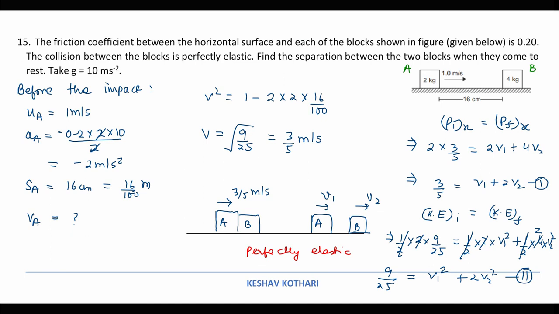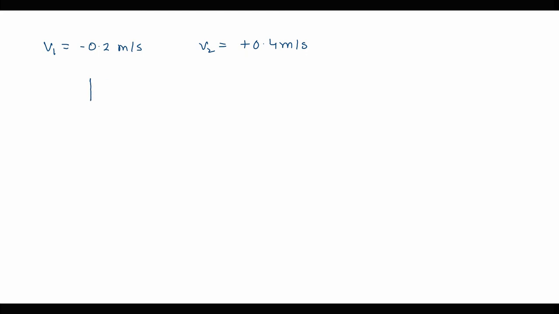The 2 kg block after collision is moving back with a speed of 0.2 meter per second, and the 4 kg block is moving with a speed of 0.4 meter per second.